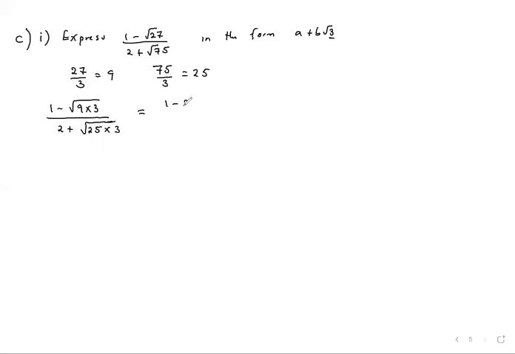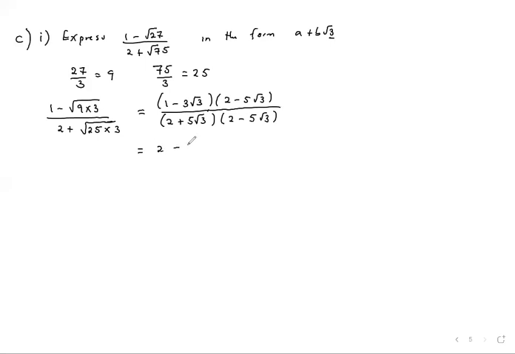So you have 1 minus 3 root 3 over 2 plus 5 root 3. Then you rationalize. Multiply by 2 minus 5 root 3.